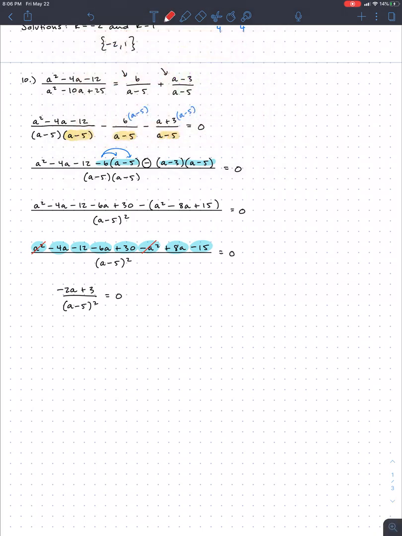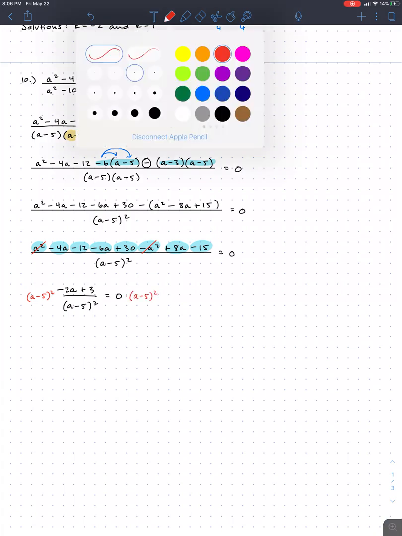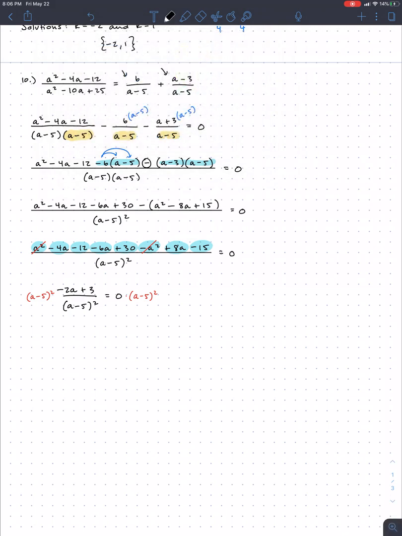So I'm going to multiply a minus 5 squared on both sides. And that leaves me with negative 2a plus 3 equals 0. Negative 2a equals negative 3, or a equals 3 halves.